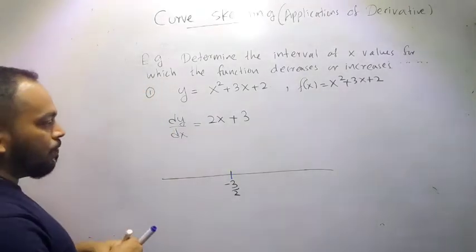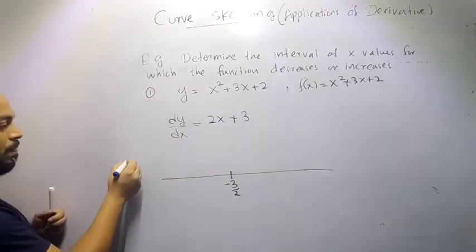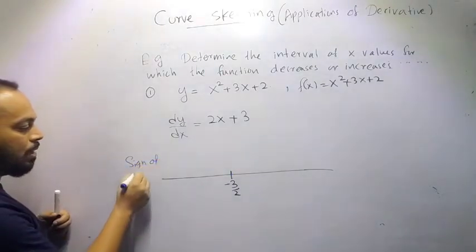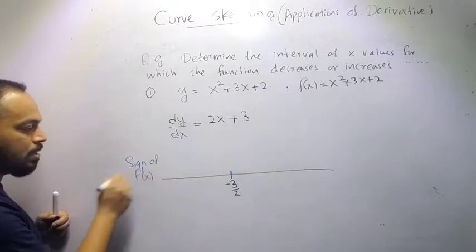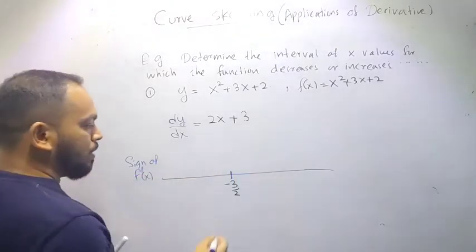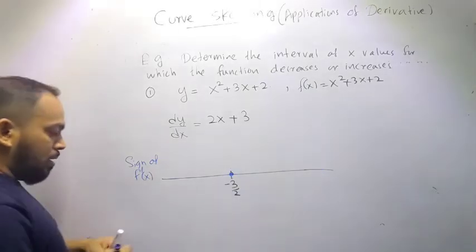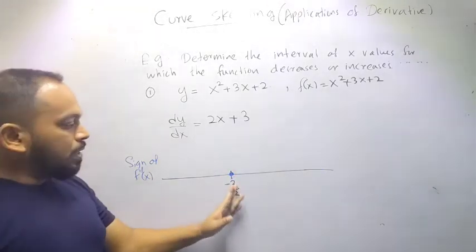Then you look for the sign of f dash of x. So you represent the sign of f dash of x here. Now this is a special point, and our regions are separated by this point.